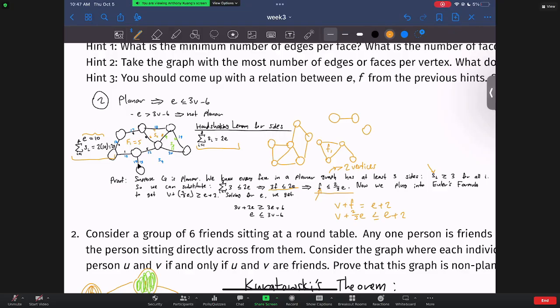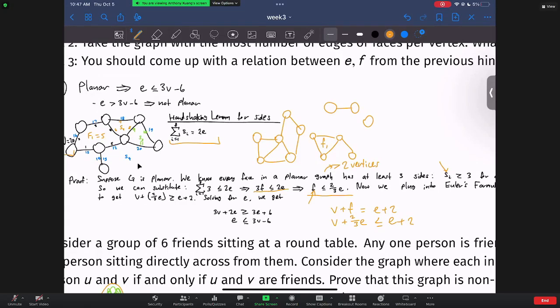So we can substitute 3 as the lower bound. So we know that this is going to be upper bounded by 2 times E. And then we can do the algebraic manipulation to end up getting F is less than or equal to 2/3 E.